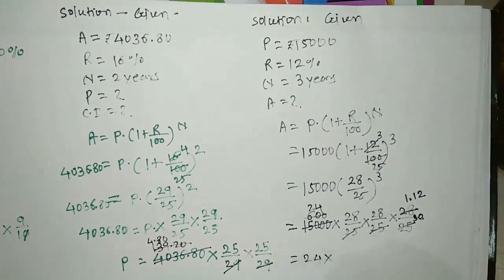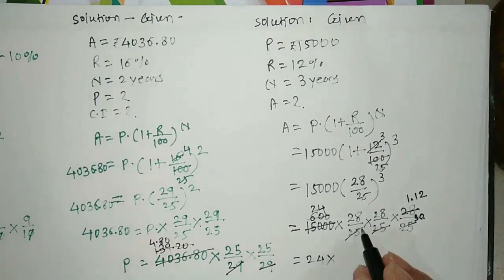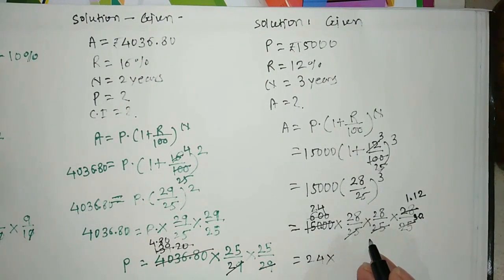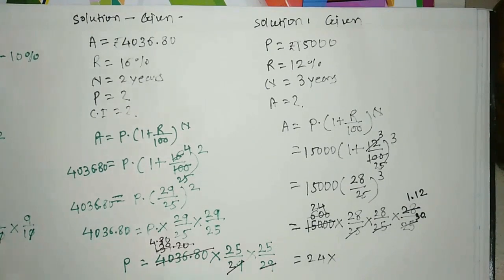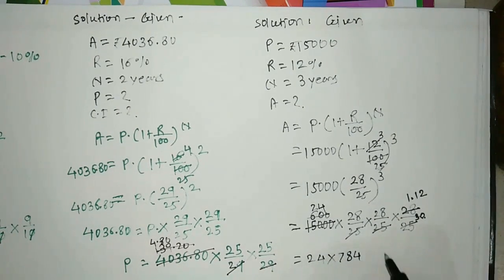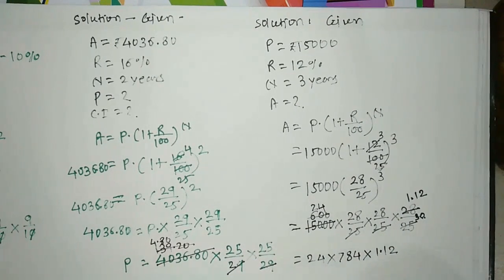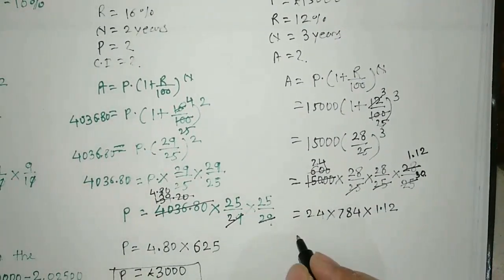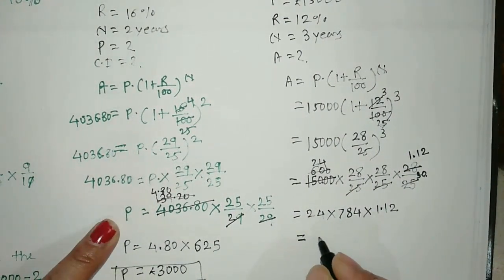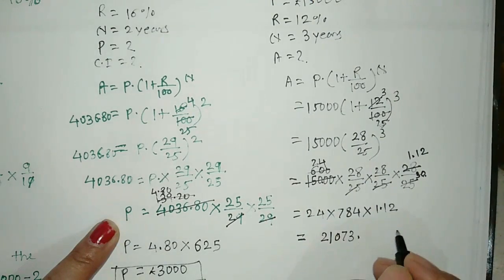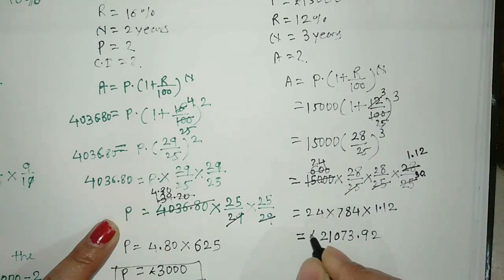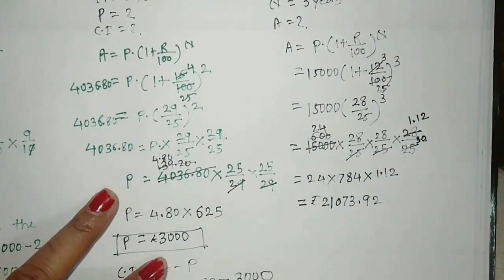So 24 multiply by 28 square is 700 multiply by 1.12. The value is 21,073.92 rupees.